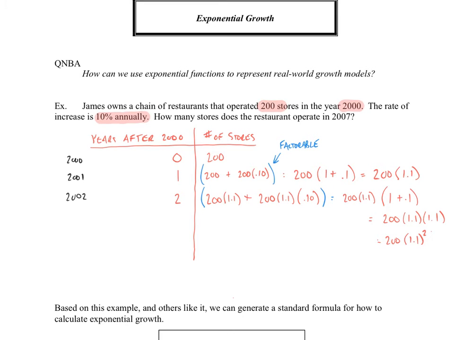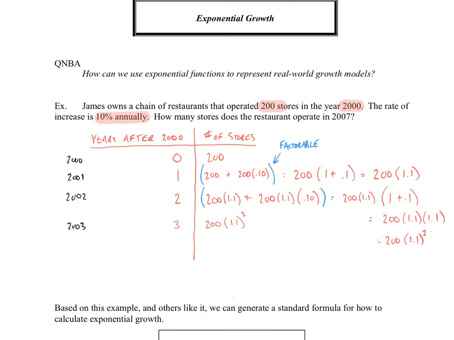When we get to the next year, 2003, well, that's going to be 3 years after the initial amount of restaurants that was opened. And we can just immediately write, we're starting to see this pattern, that's going to end up being 200 times 1.1 to the third power.